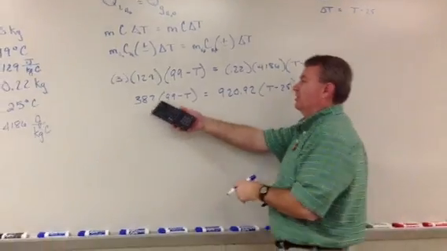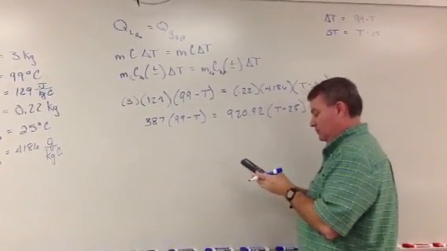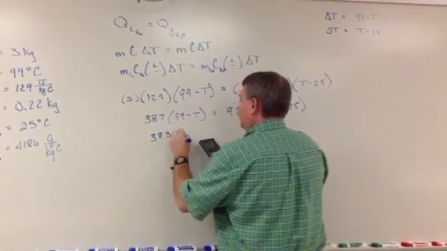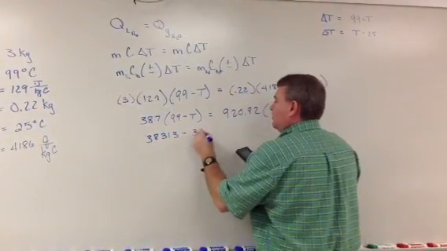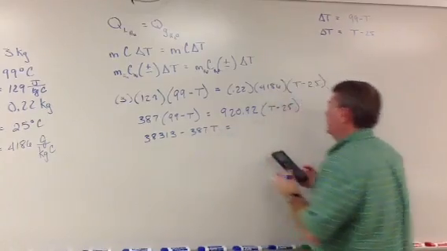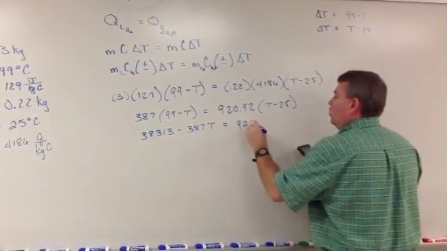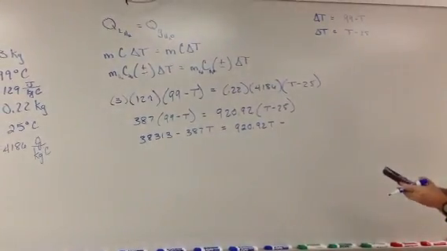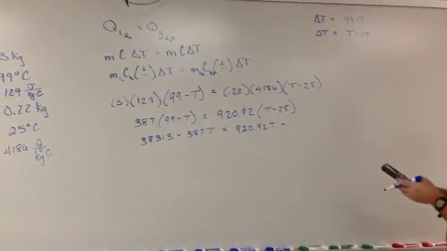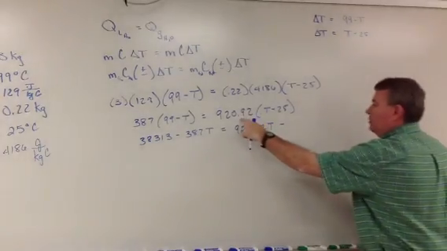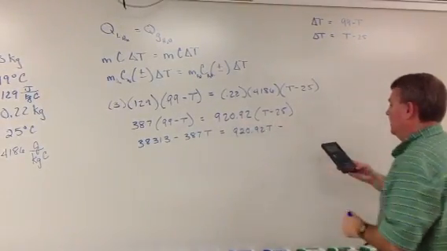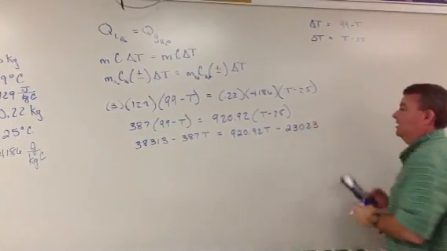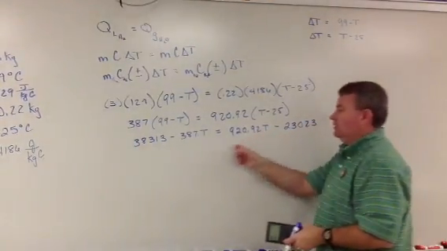Now we just distribute. 387 times 99 is 38,313 minus 387T is equal to 920.92T minus 920.92 times 25, which is going to give us 23,023.